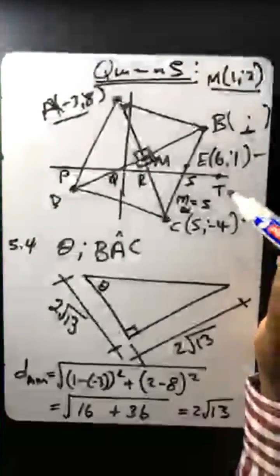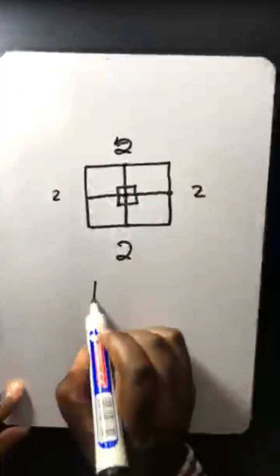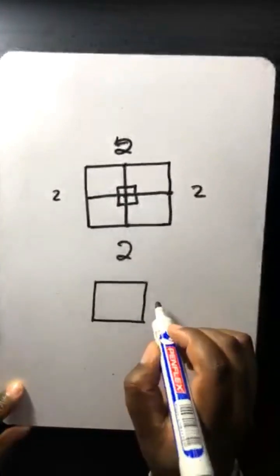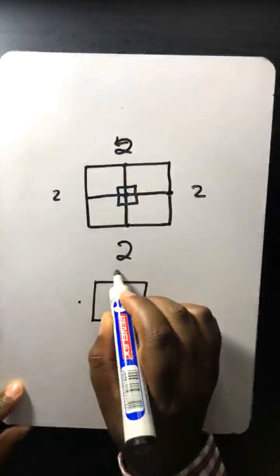But I'm telling you, when it comes to a rhombus, that's why I was saying a rhombus is like a shape of a square, whereby this side is equal to that, is equal to that, is equal to that.